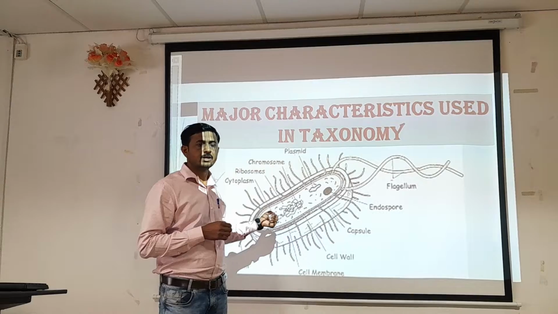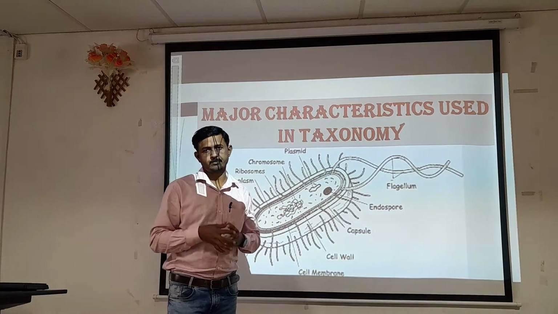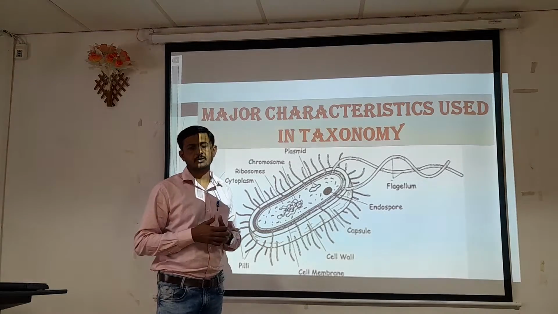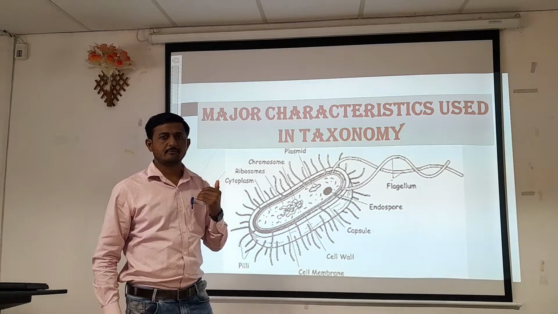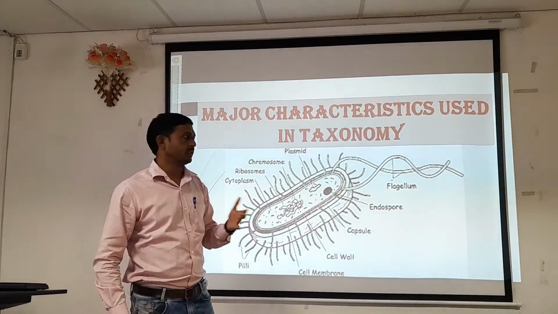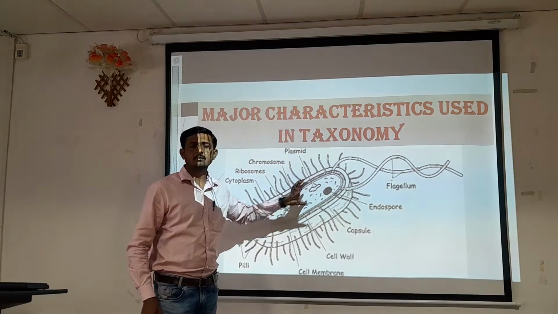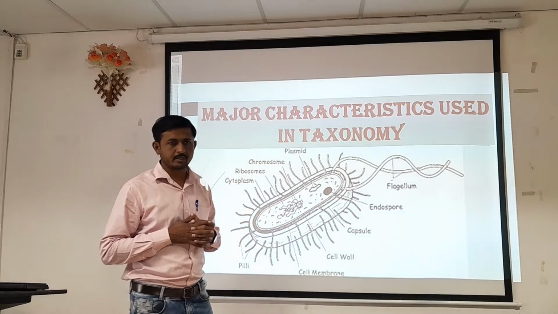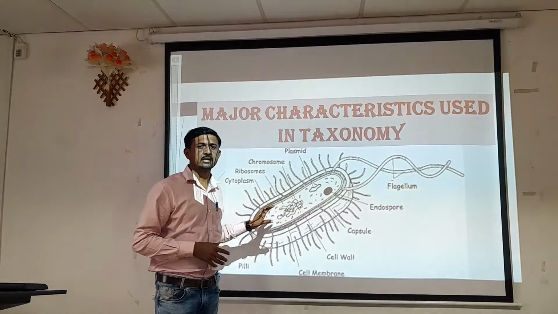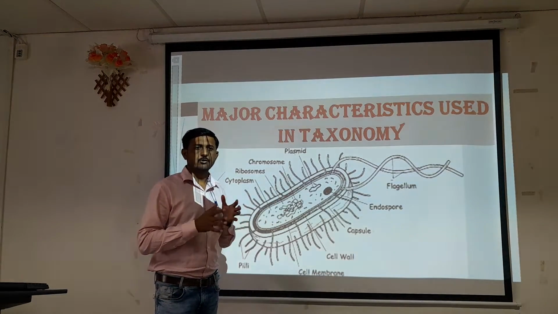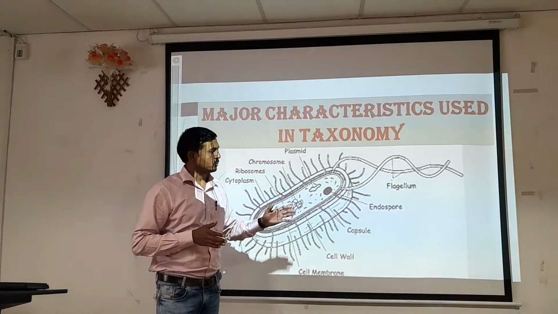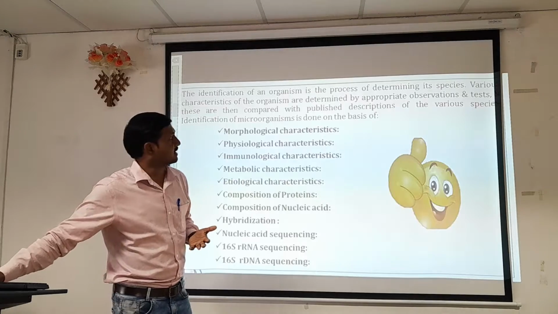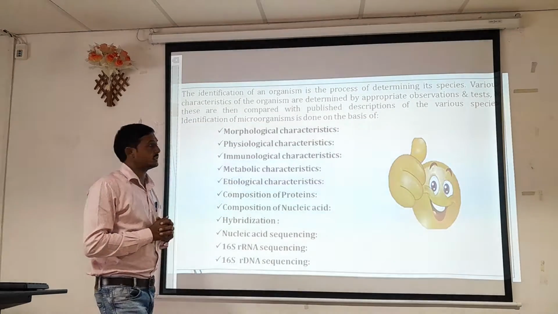For each and every characteristic we carry out a separate procedure. By using this we can confirm whether the bacteria possess an endospore or not, the composition and structure of the cell wall, and whether it is gram positive or gram negative. These are the differentiating characteristics which can be used for the classification system. One by one we can discuss the major characteristics used for classification.